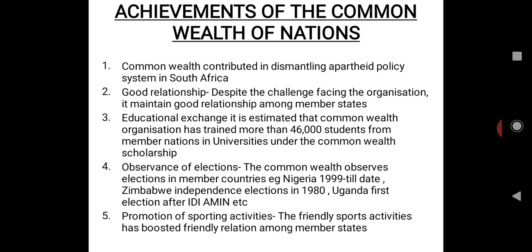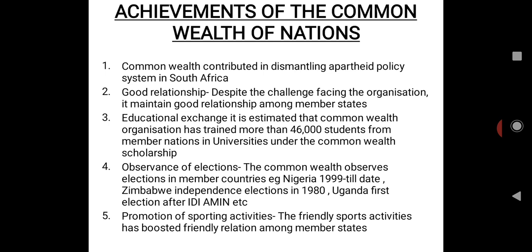If you flash back to the introduction, when I told you that in 1961, South Africa was expelled from being a member of Commonwealth of Nations, despite it being a founding member.